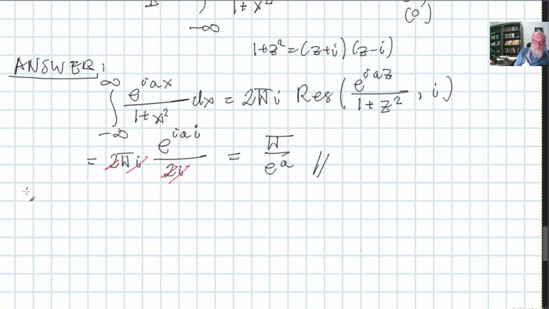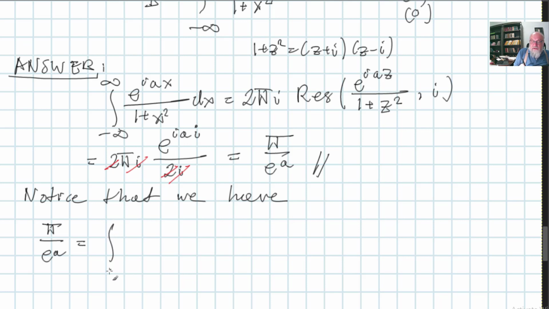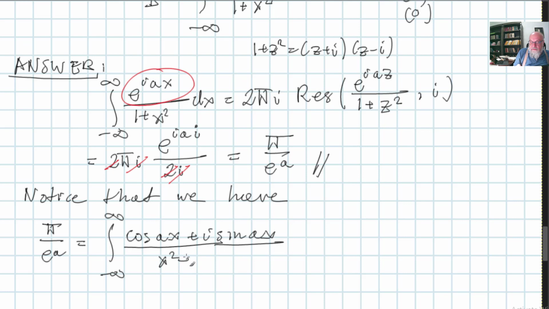And now maybe notice that we actually have something more interesting, namely that if I write down that this is the answer, pi over e to the a, and I write this integral with the values, that one will be cosine ax, that's exactly the value here that I'm writing, plus i sine ax, over x squared plus 1 dx.